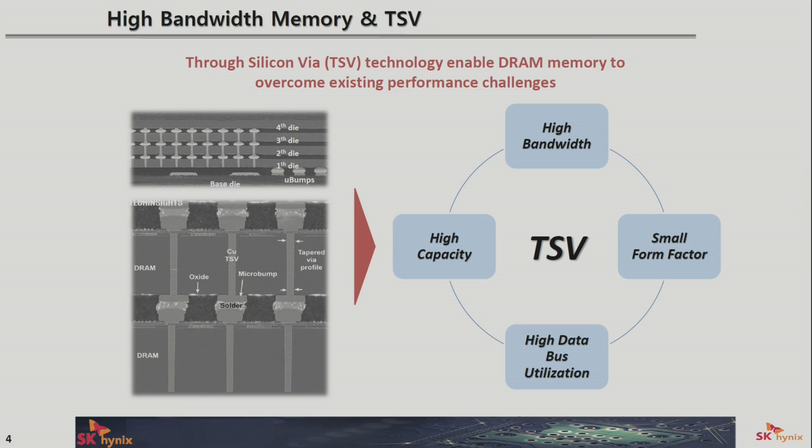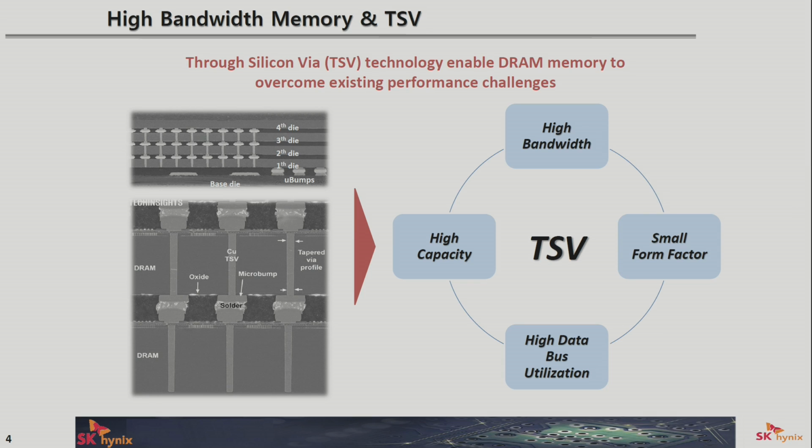In our case, the DRAM die, we can stack them vertically, and we can bring out the signals to the package or to the external world without having to use wire bonding technology. And this is an innovation because when you forgo the wire bonding technology, you're able to reduce the package size. And so that's how we deliver a smaller footprint on the HBM device without using wire bonding.